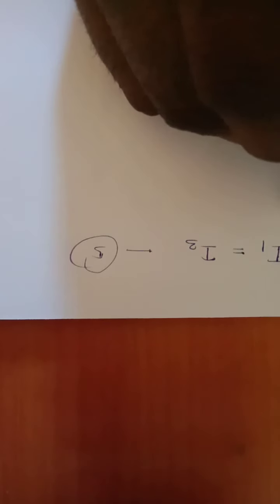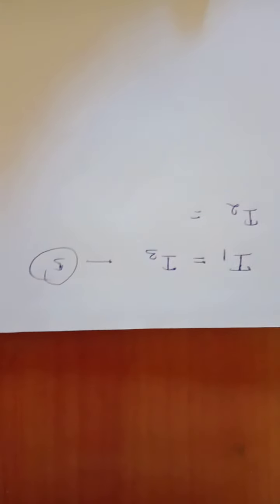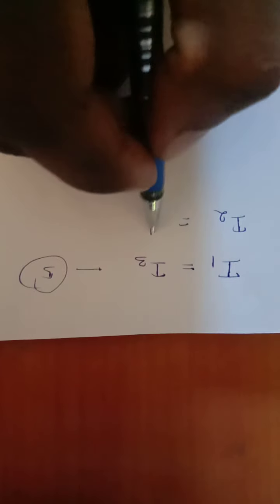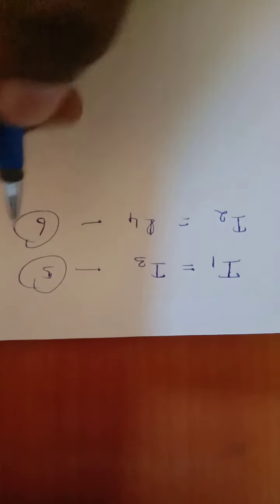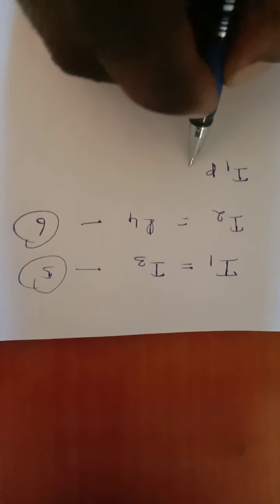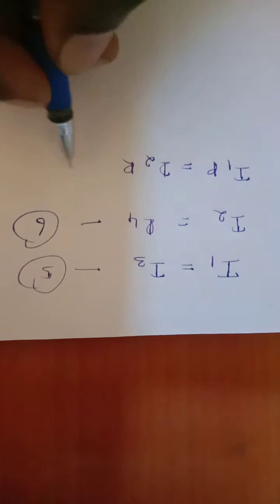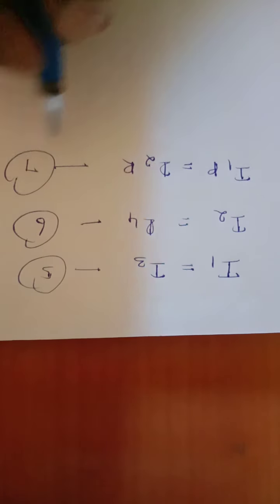The second equation gives I2 is equal to I4, equation 6. The third equation, IgG is equal to 0, gives I1P is equal to I2R, equation 7.